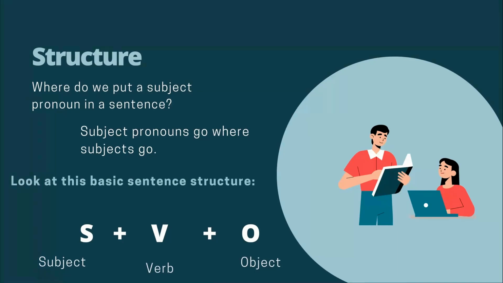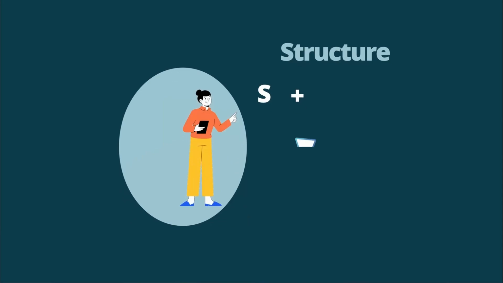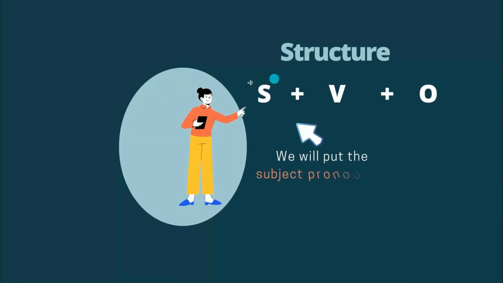Subject is what we're focusing on. At the beginning, that's where we can put our subject pronoun, because that's where subjects go. So right here, SVO: subject, verb, object. If we're going to use a subject pronoun, it will go here at the beginning where the subject goes.